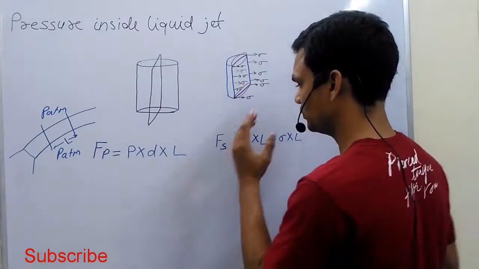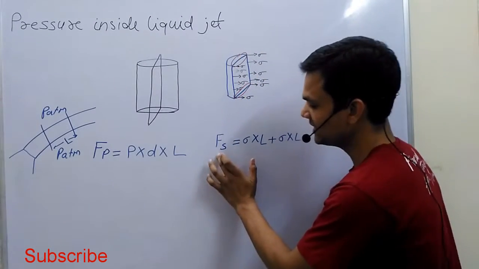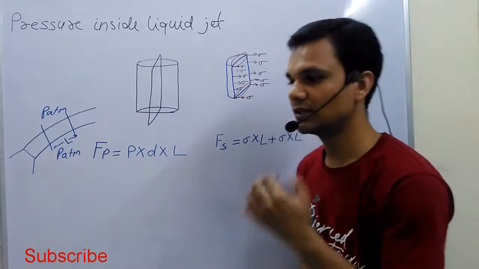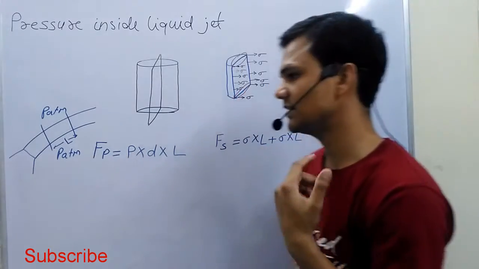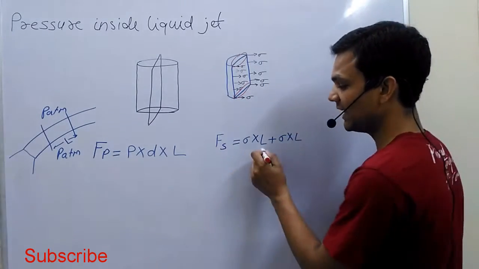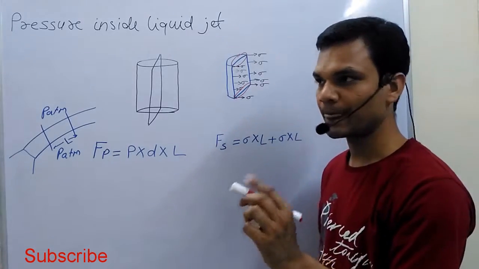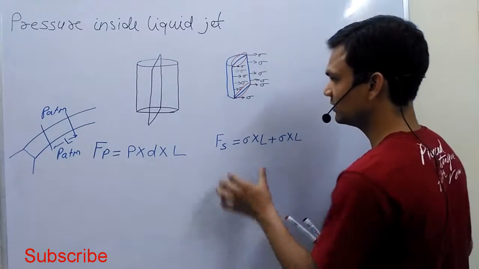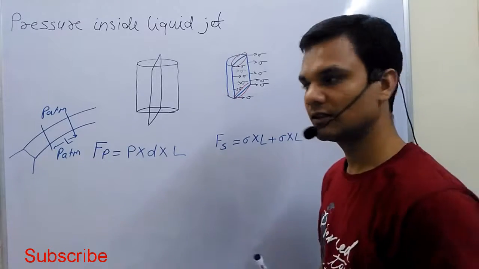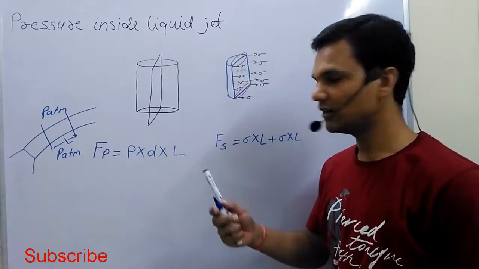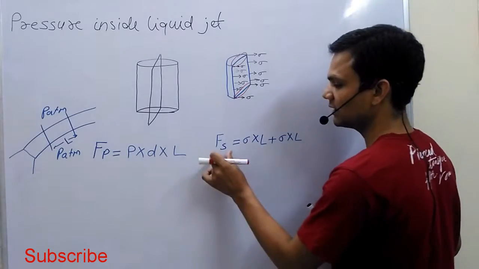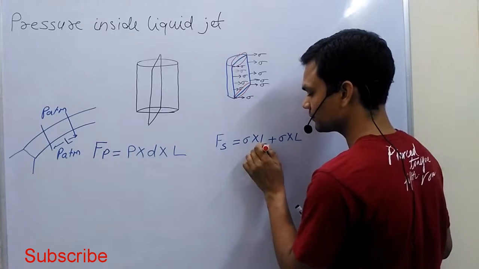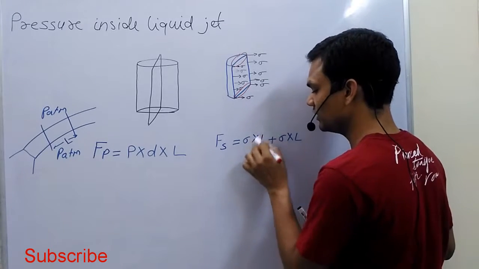So we have two areas, because surface tension acts on the surface. The formula for surface tension is force per unit length. For this, see my lecture and then you will understand the surface tension force. Surface tension acts per unit length.